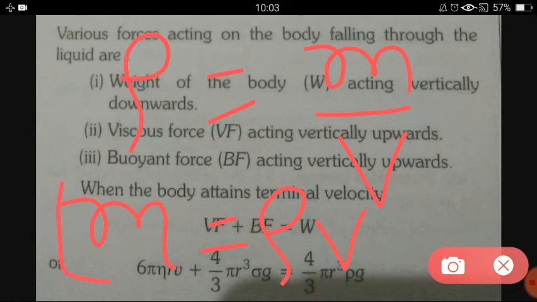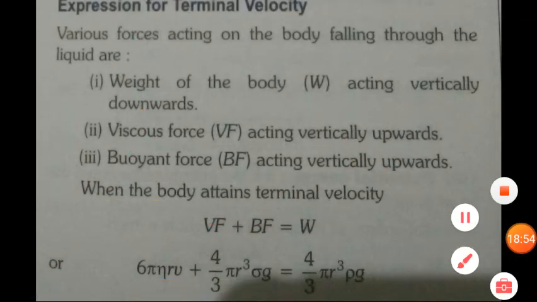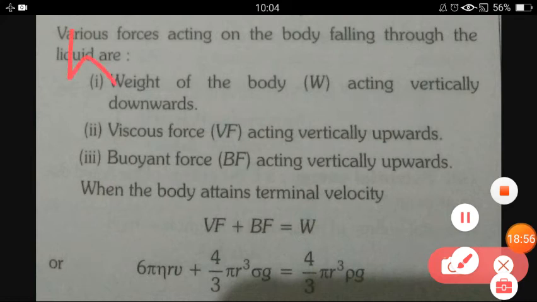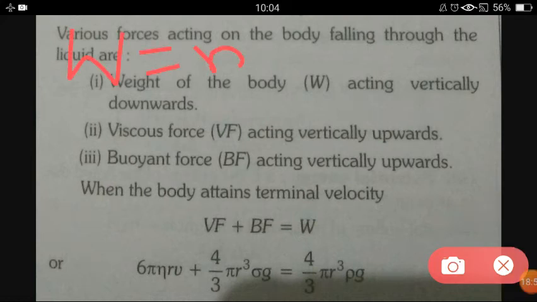Then we have one more formula, W equals mass into gravitational acceleration. Now in place of mass we will put volume into density. So we have W equals volume into density into gravitational acceleration.